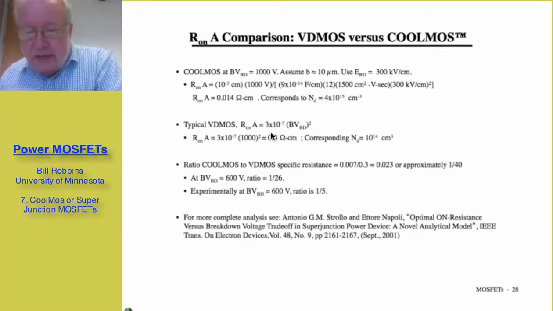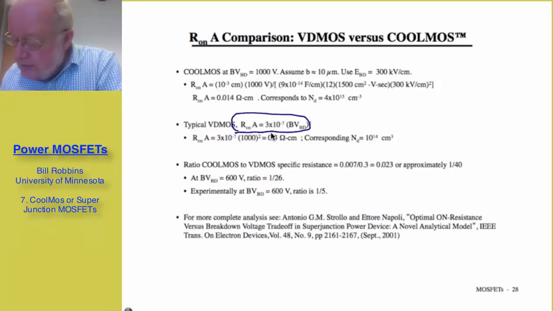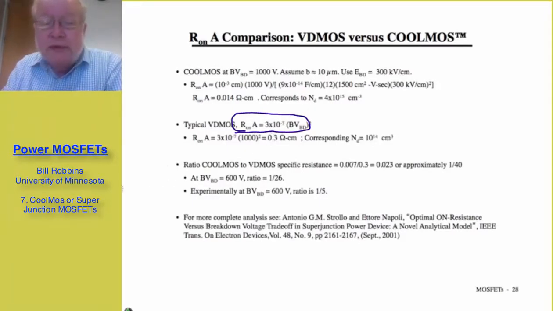If we use a conventional MOSFET, the resistance formula that we have to use is given by this equation, and so the ohms per square there would correspond to roughly 0.3 ohms per square, and this corresponds to a doping density of 10 to the 14th.